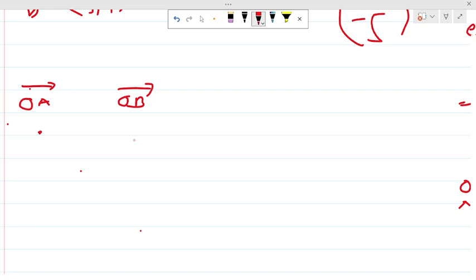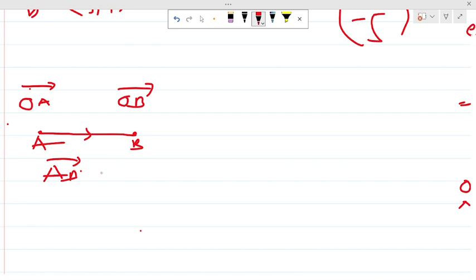These position vectors are points, and we move from OA to OB. This one is A, this is B. When we are asked to find the equivalent vector, it is AB, right? Because we moved from position vector OA or A to position vector OB or B. So the equivalent vector will be AB.